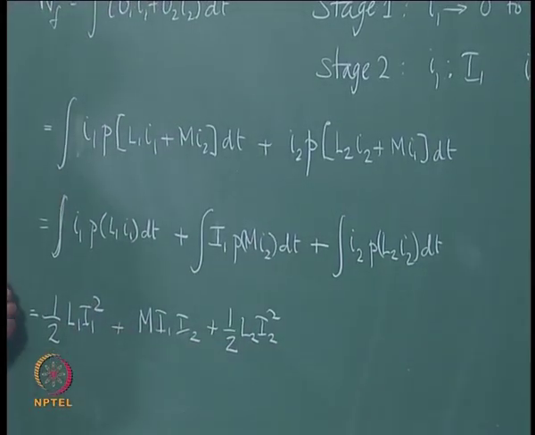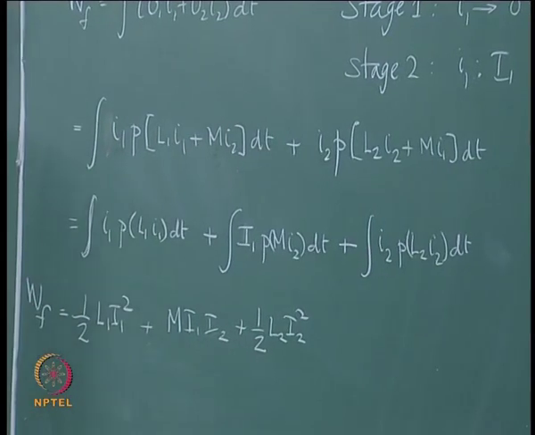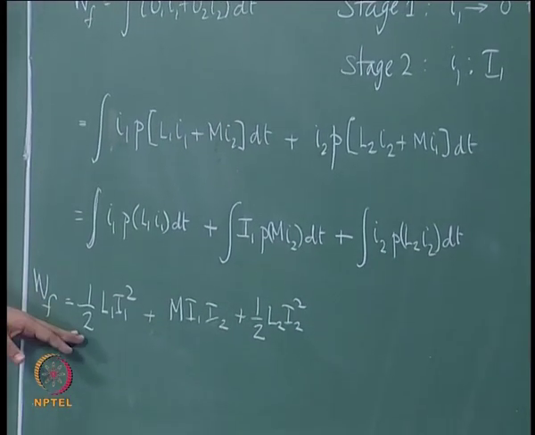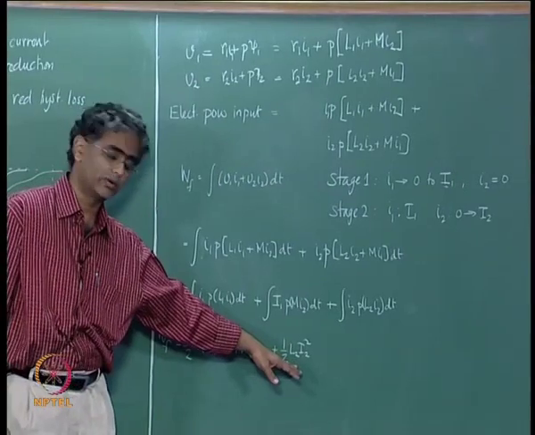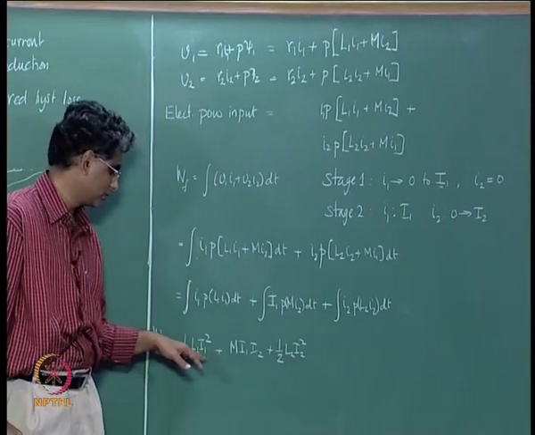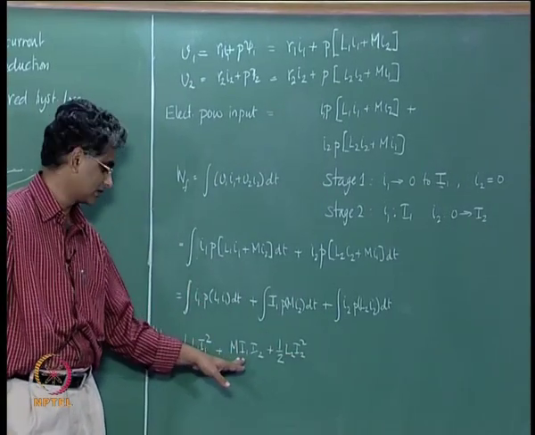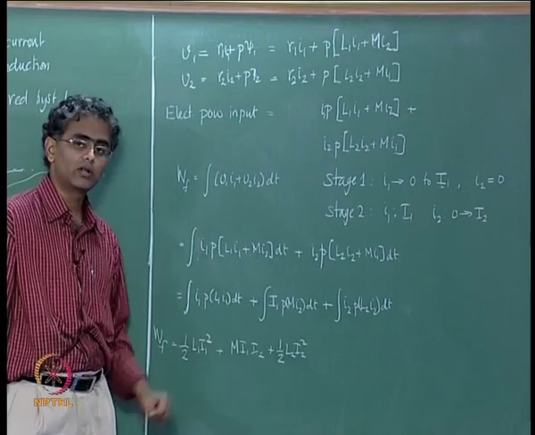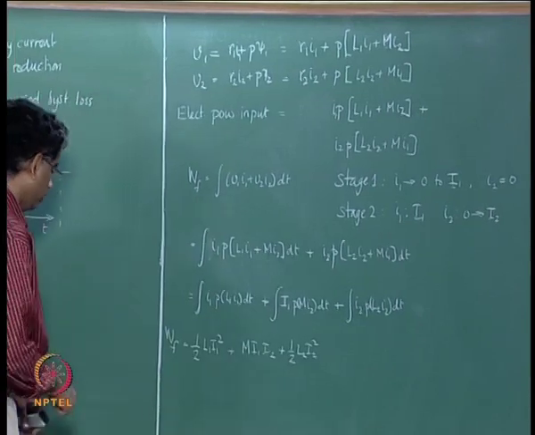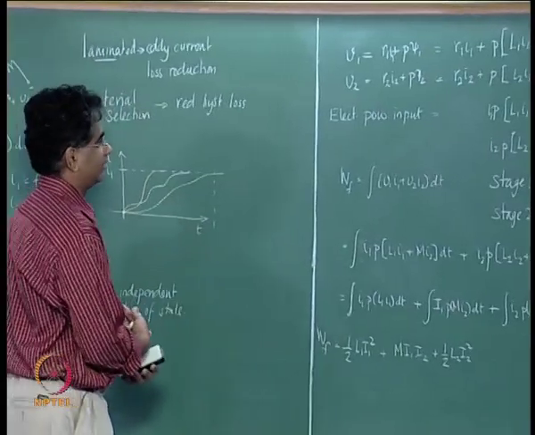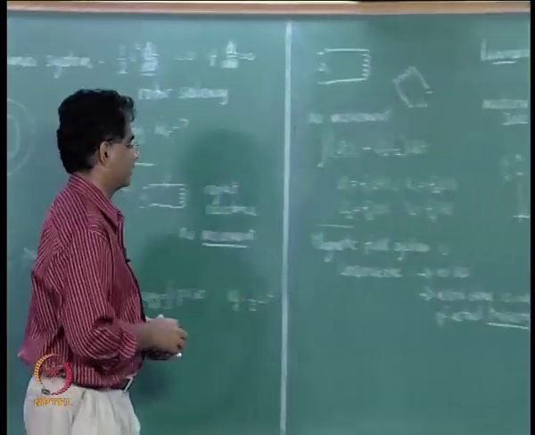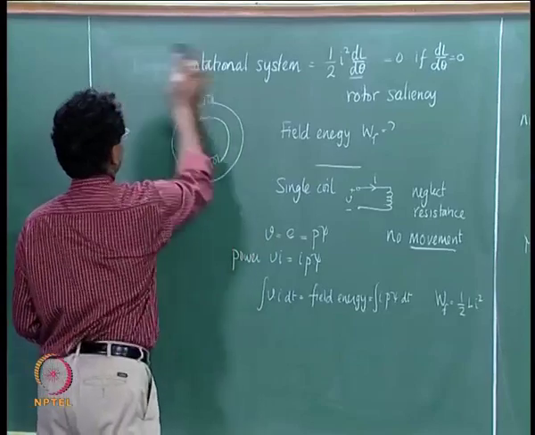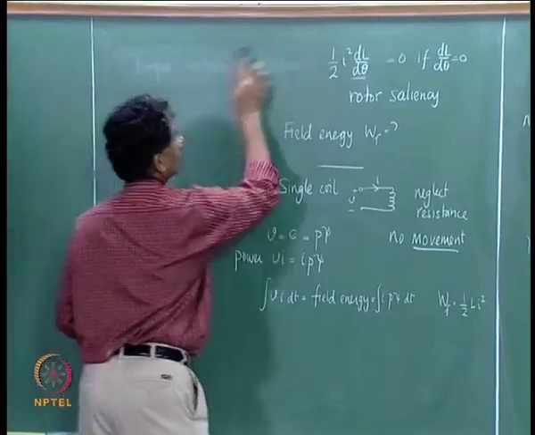So the field energy can then be written as half L1 I1 square plus half L2 I2 square, this is the self inductance in both, plus the mutual inductance term gives us M I1 I2. This expression, note that it can also be written as follows.